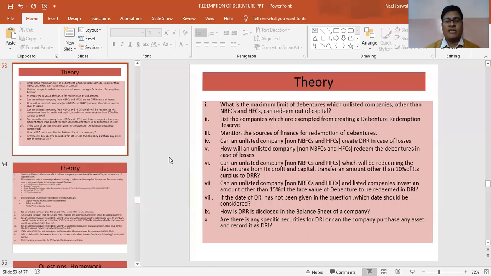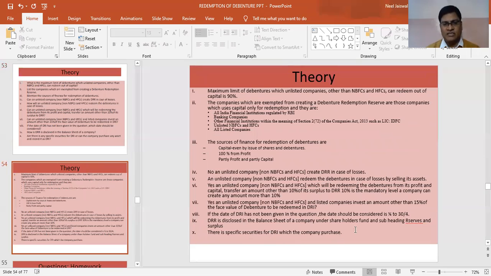Next question. If the date of DRI has not been given in the question, which date should be considered? We know that from 1st April to 30th April of the year in which the redemption is to be done, that date should be considered. That means it should be 1/4, 1st April.